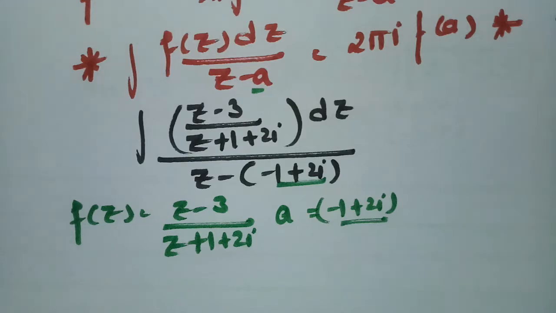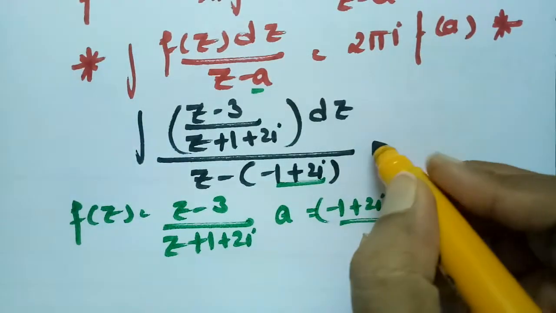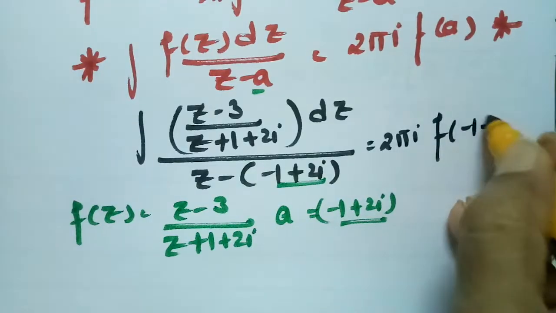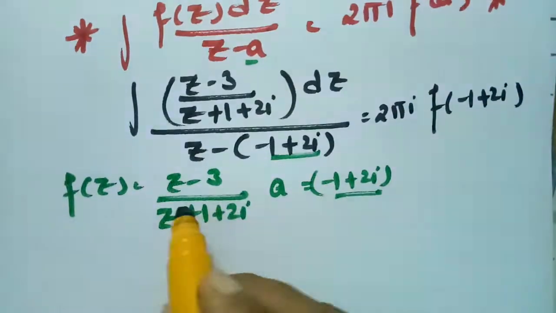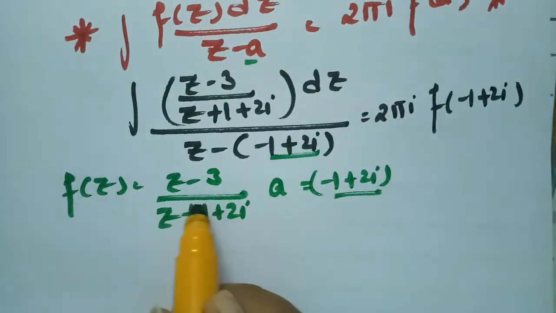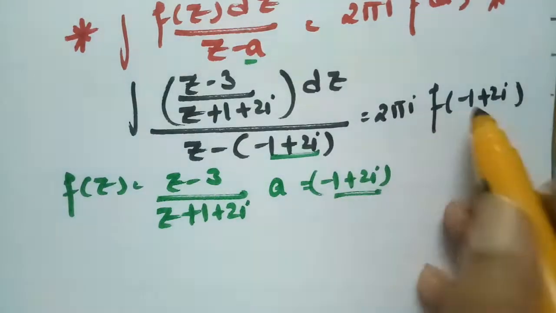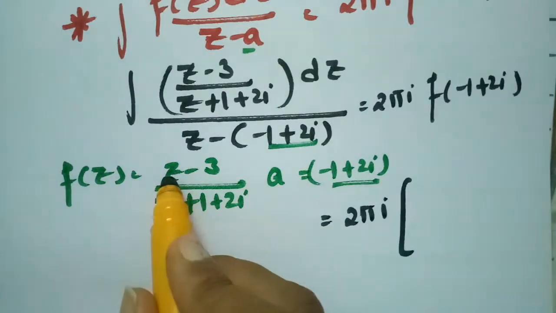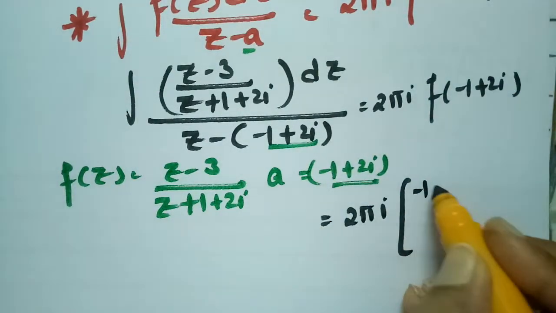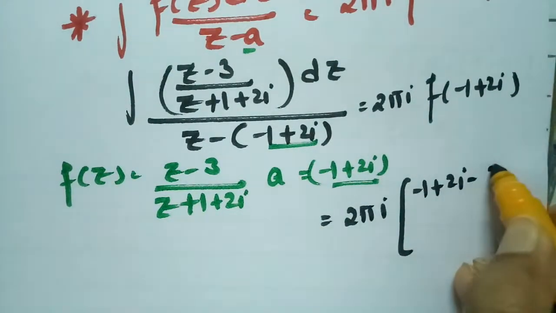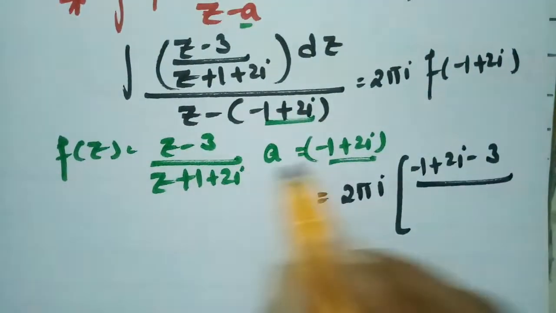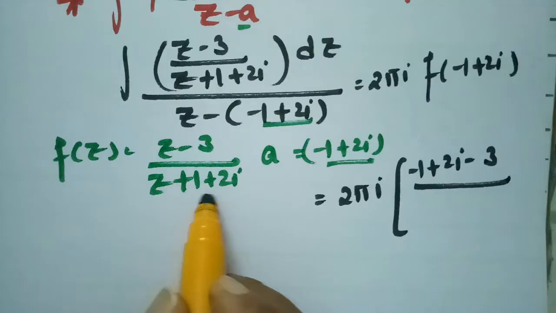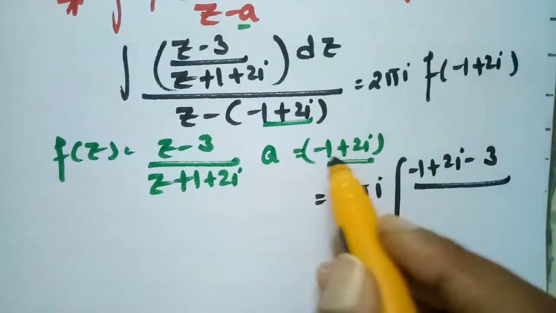So if I substitute the same thing in this formula, that is 2 pi i into f of minus 1 plus 2i. f of z is this value, and if I substitute z as a, this will be 2 pi i times of, in place of z, minus 1 plus 2i, minus 3 by, as we have f of z value is z minus 3 by z plus 1 plus 2i, and we need f of a.